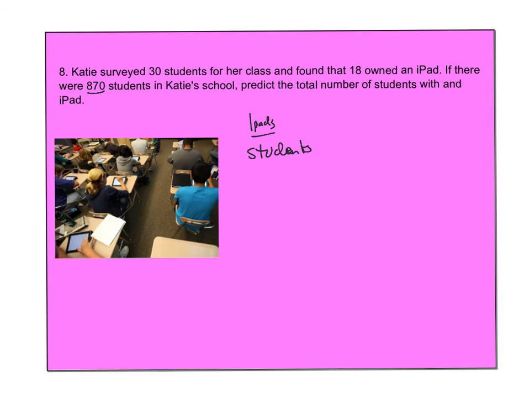If 18 kids owned an iPad out of 30 students, we can make a general guess if there's 870 students that we expect to follow this same ratio. And again, I can simplify this. I can divide both top and bottom by 6, and I'd go 3/5.